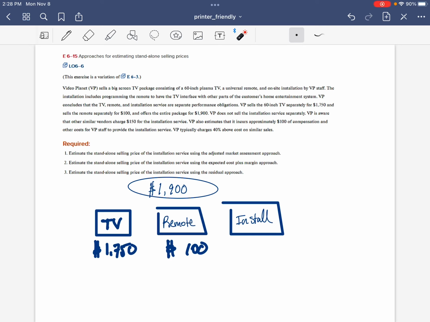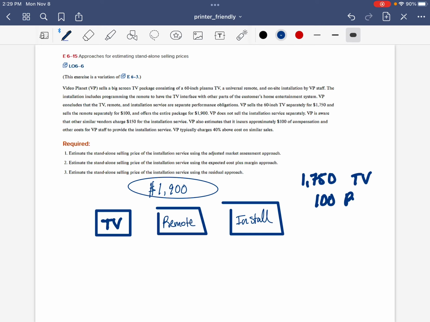We want to split these up. Ideally, if these things were bought separately, the customer would pay $1,750 for the TV, $100 for the remote, and X amount for the install.